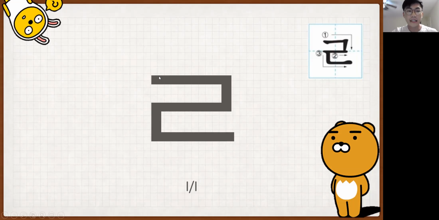So this is Lir, and it makes the L sound. How you'd write it is on the top right corner. The homework for today is just practicing writing. I think it's pretty simple. You can follow the instructions. 1, 2, 3, right? So this is Lir. I'll move on to the next one here.